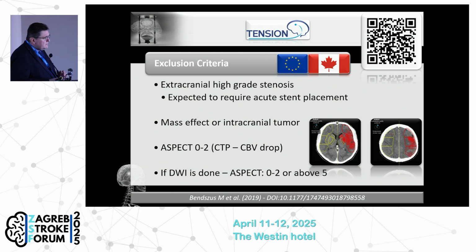So this is still a good question, how to manage such a patient when you cannot pass through the extracranial stenosis and you need to perform thrombectomy, and to reach the occlusion site, you have to place a stent. So this is for the next research. And of course, ASPECT score 0 to 2 was an exclusion criterion as well.